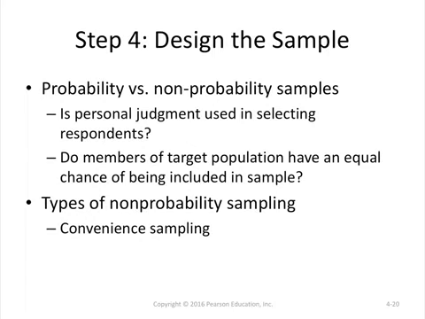All right, then you move on to the next step, which is when you try to decide what would be the sample of your research. There are two kinds, probability samples and non-probability samples. With probability samples, we are talking about a method where all of the participants have an equal chance of being chosen for the research.